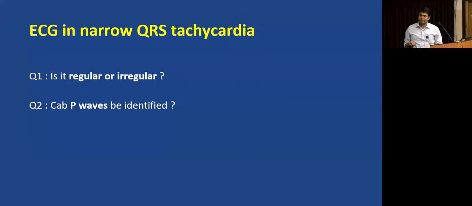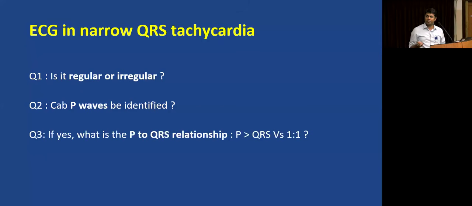Now, once you decide that it's regular, the next question you ask is, can P waves be identified? Can you see any clear-cut P waves? Sometimes it is easy to identify them, as in the wide complex tachycardia, but sometimes we cannot. If we can see the P waves, what is the relationship between the P and the QRS?